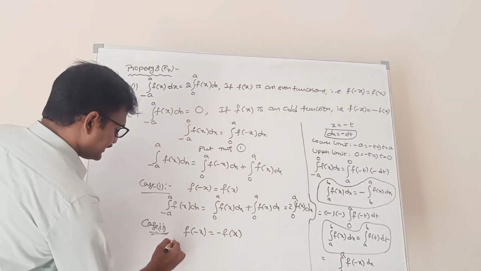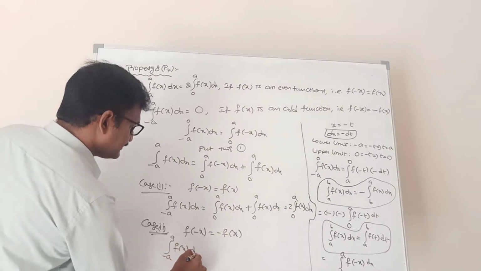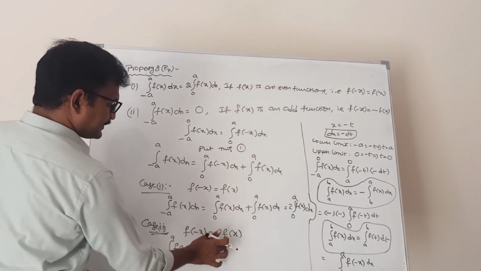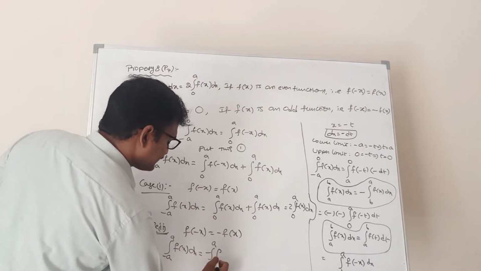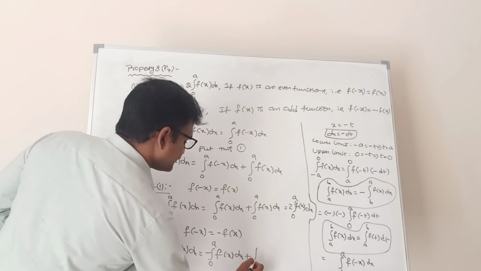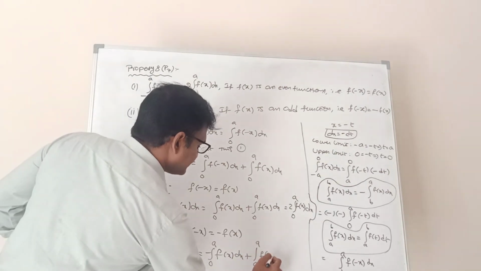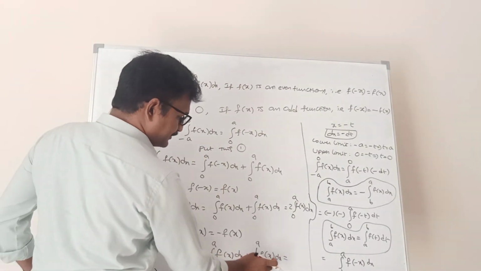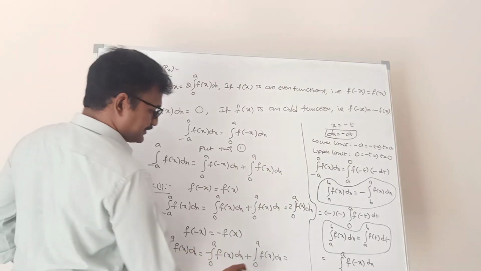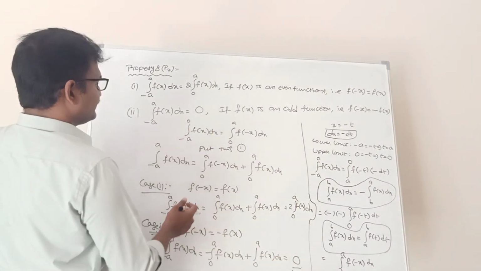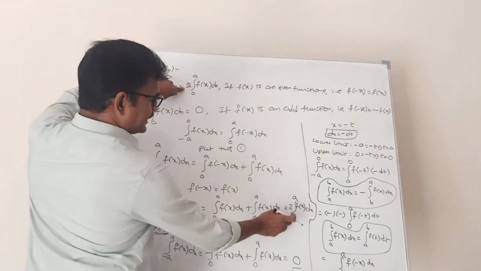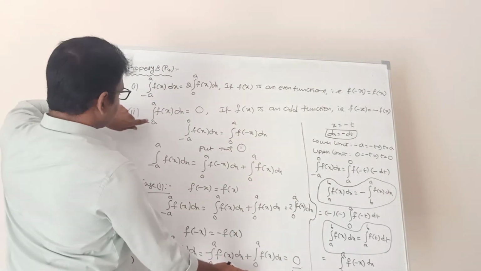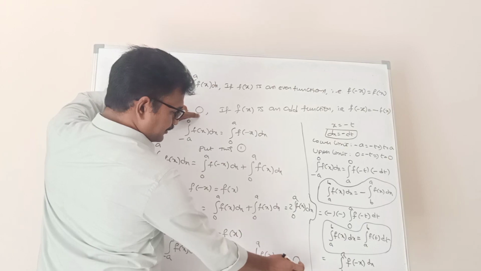So minus a to a f of x dx is equal to 0 to a, replacing f of minus x with minus f of x, minus f of x dx plus 0 to a f of x dx. For this we have minus, for this we have plus, so the answer is 0. If it is an even function, we get 2 times 0 to a f of x dx, case 1. If it is an odd function, we get 0.